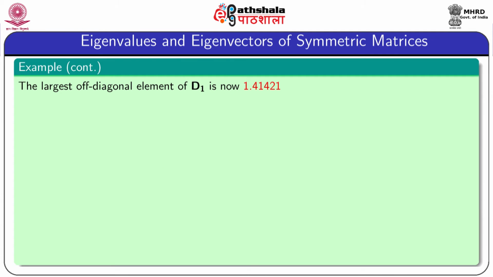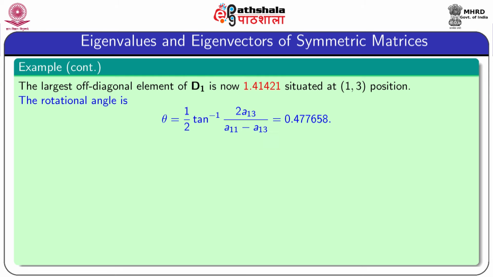The largest off-diagonal element of the matrix D1 is now 1.41421, and it is present at position (1,3). The second rotational angle theta is given by theta equal to half into tan inverse of 2 a13 divided by a11 minus a33, and it is equal to 0.477658.